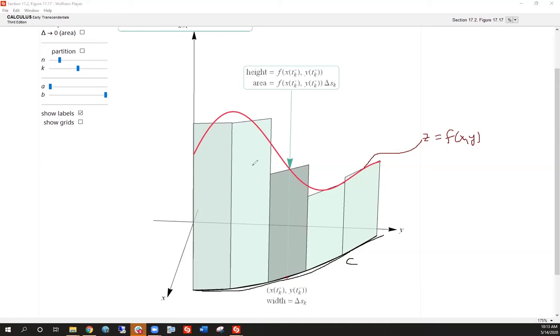So it's the curtain, and you can sort of see the little panels. It's the curtain underneath f and above the xy plane following path C. Can people visualize that?